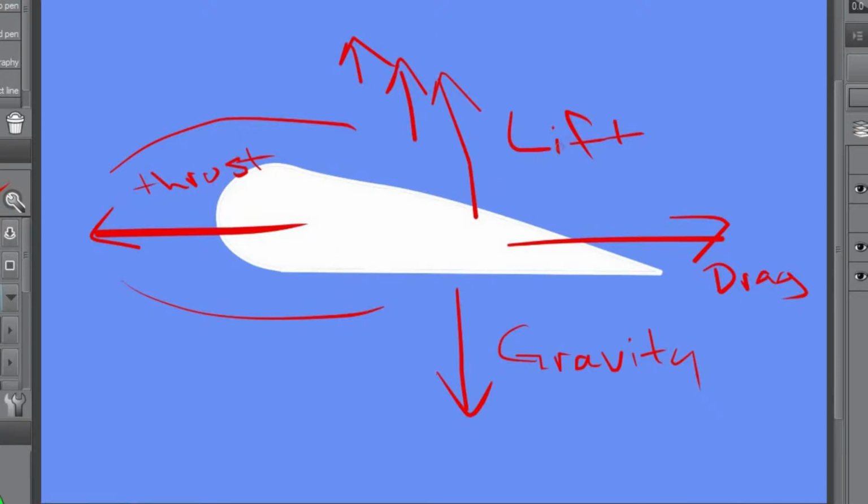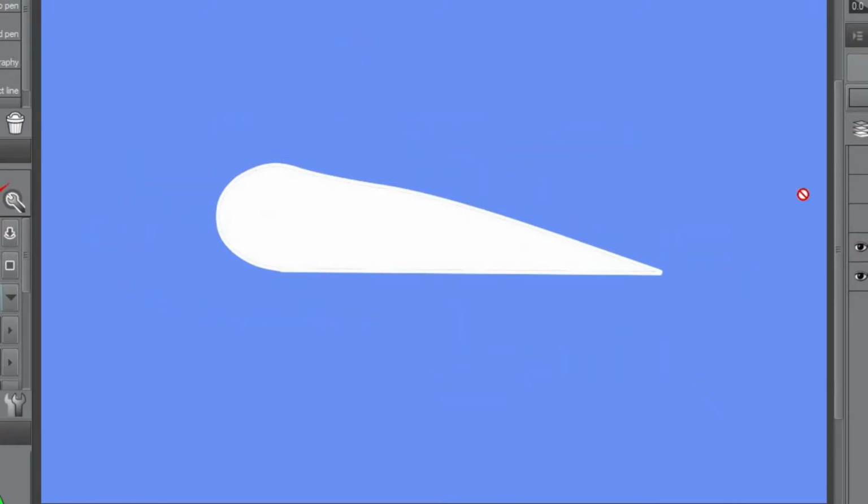So the relationship between lift and gravity is balanced out by how fast you're moving through the air, and thus how low of a pressure pocket you're creating on top of the wing. Okay? So now that we understand that, let's jump into the airplane and let's see some of the effects of this in action.